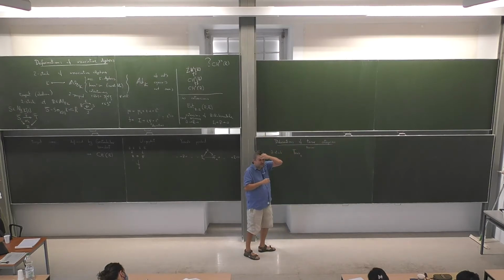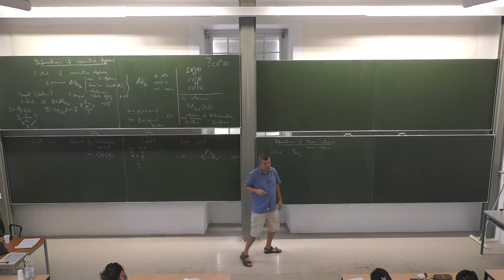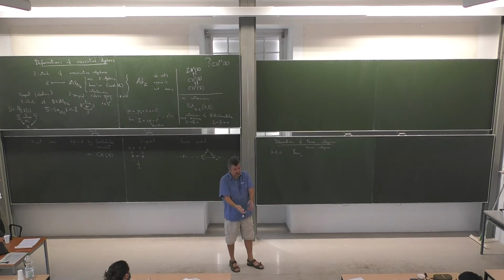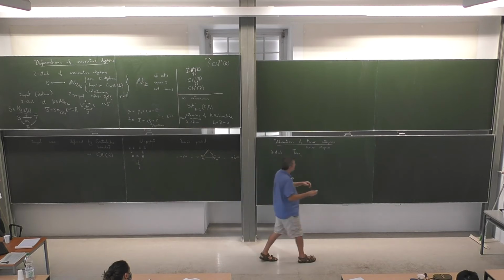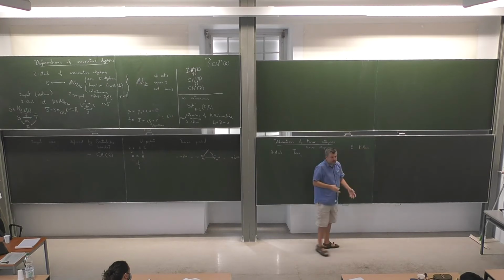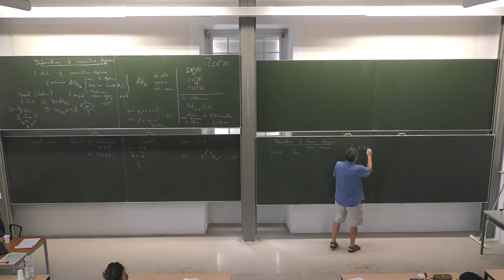A tensor category is a k-linear category with a monoidal structure, a tensor product. K-linear means that in the hom spaces you can add morphisms and multiply them by elements of k.